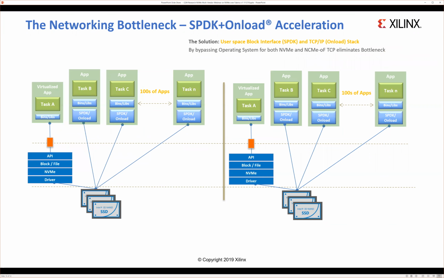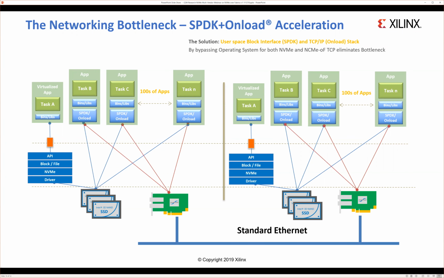In a similar fashion, we took our kernel bypass technology, called Onload, and coupled it with SPDK. So now you've got direct writes and reads to the drive, and direct access to the network, all through user space, bypassing all that congestion.